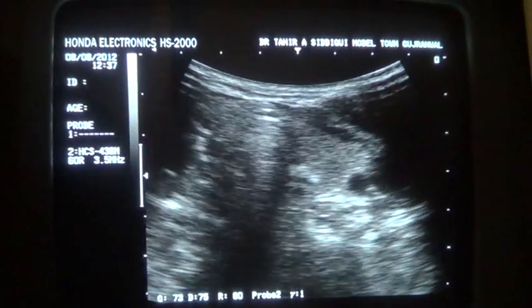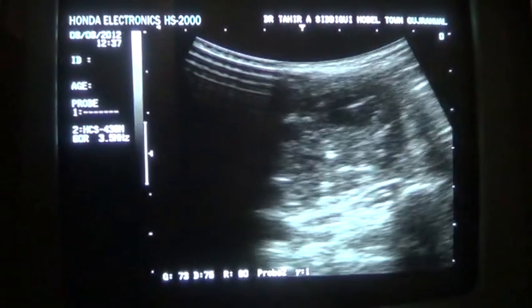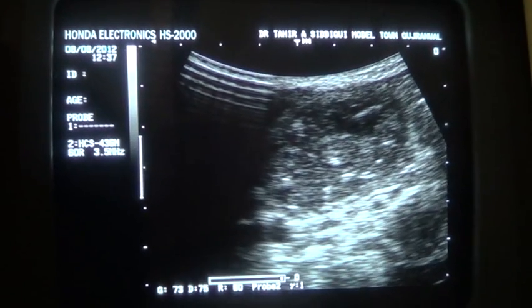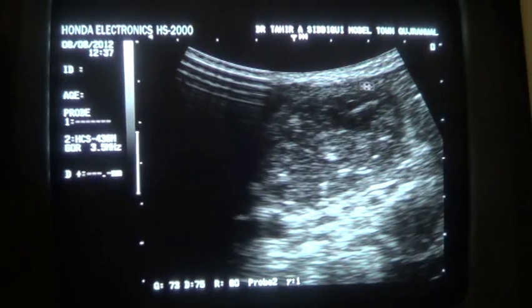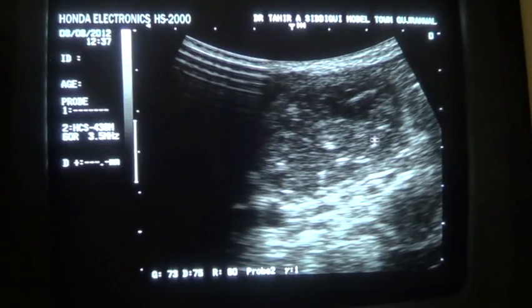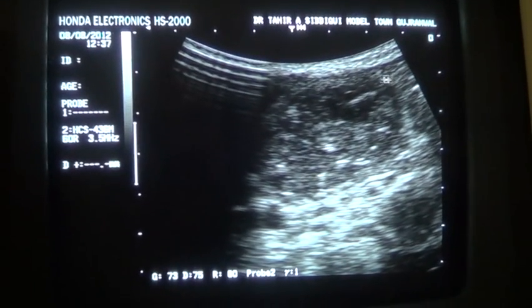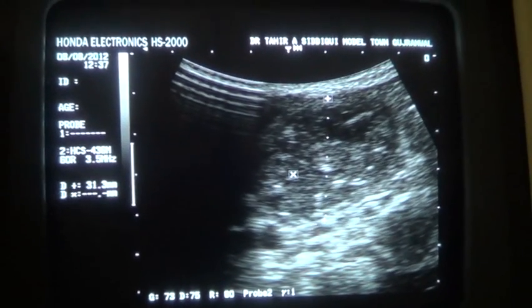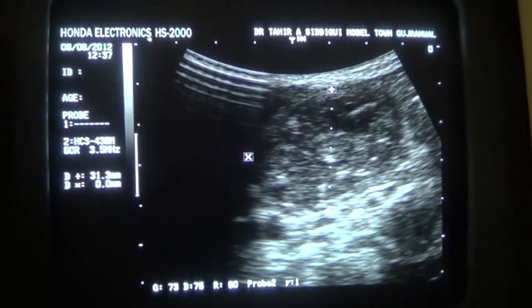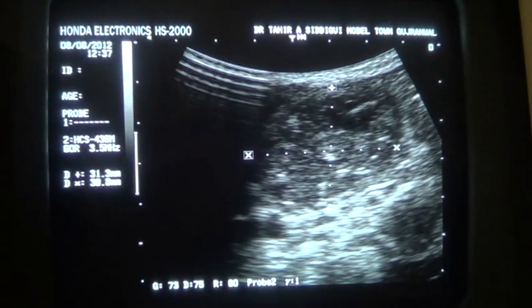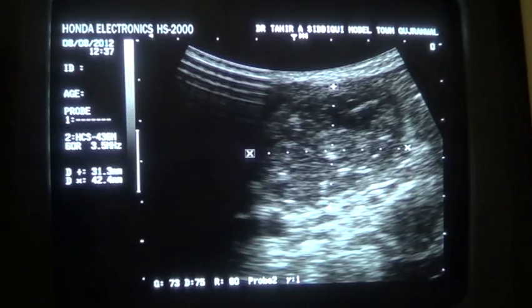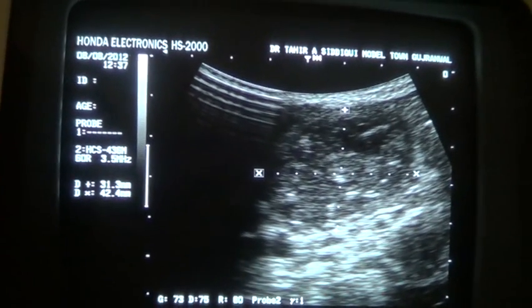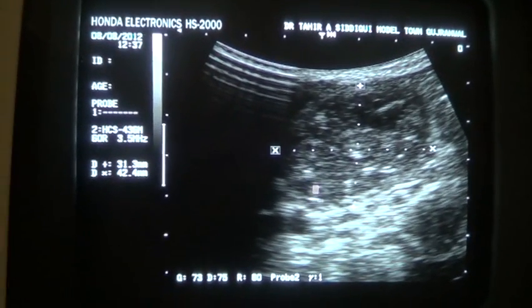Having done this, now I'm going to move to the right side, and I have an impression that there is a mass with a thick wall. This is the wall of the mass that measures approximately 3.1 centimeters by 4.2 centimeters, has multiple echogenicities within it.